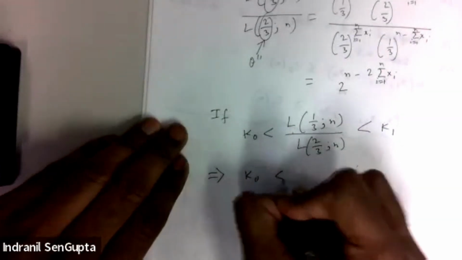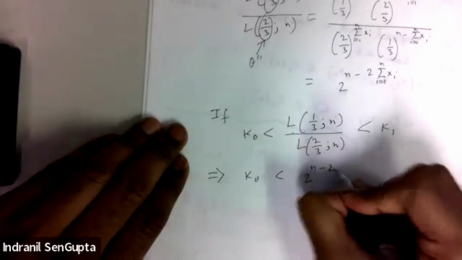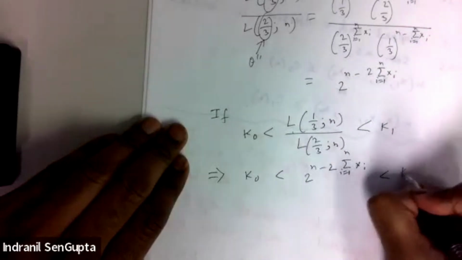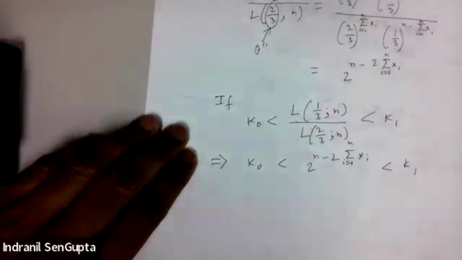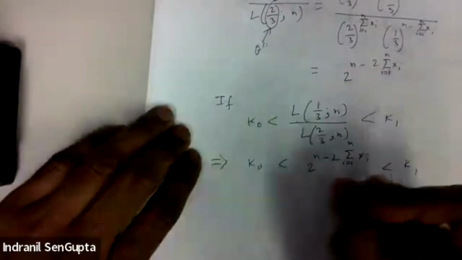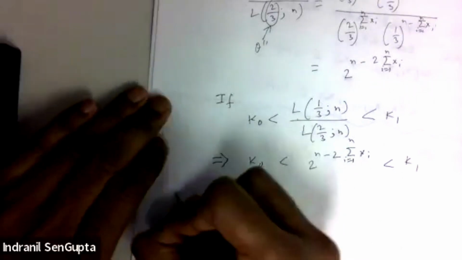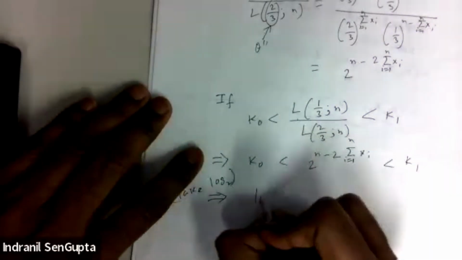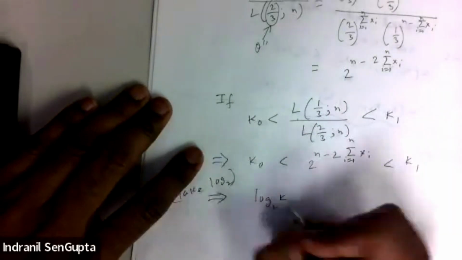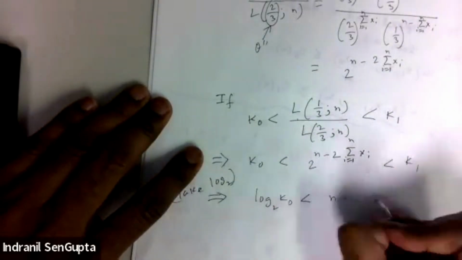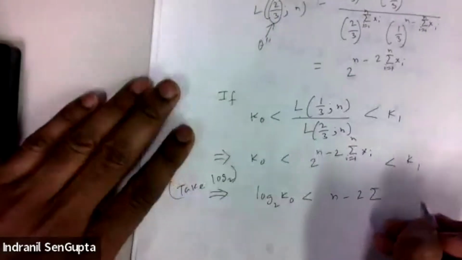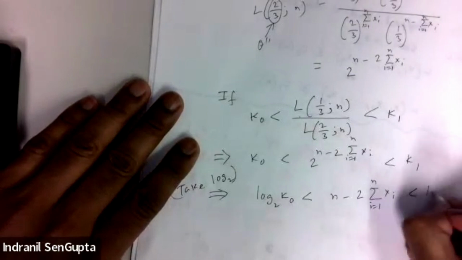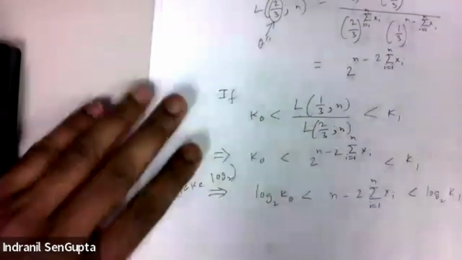So what does it mean in this case? So it's 2 to the n minus 2 summation i from 1 to n xi less than K1, right? Take a log base 2, because it's 2 to the power of something. So we have log base 2. All these are positive numbers, right? So, and this is n minus 2 summation i from 1 to n xi less than log base 2 K1.